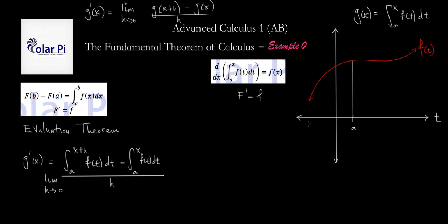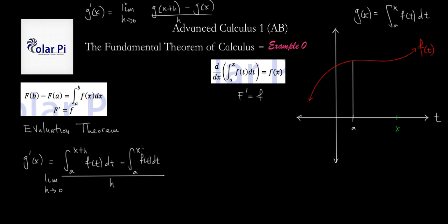Now, x could be to the left of a or to the right of a. So the analysis that we're going to do doesn't assume where x is. But for the sake of simplicity and ease of visual, let's pick x to be to the right of a. So let's say x is like right here. Got it.